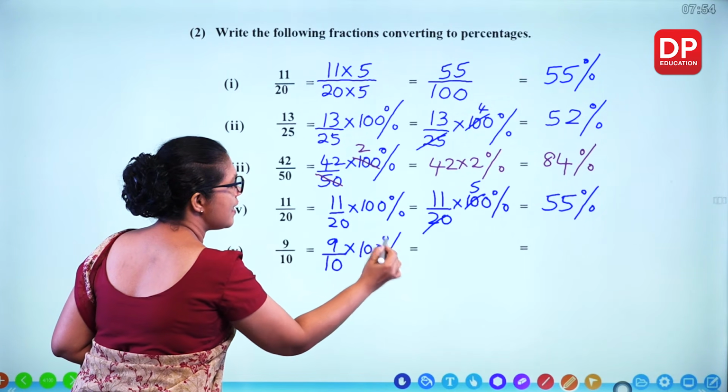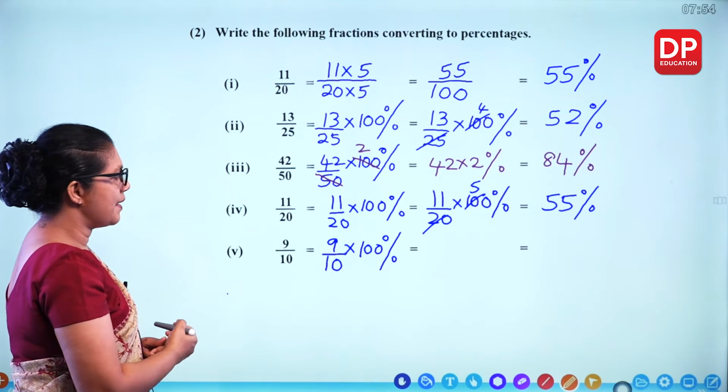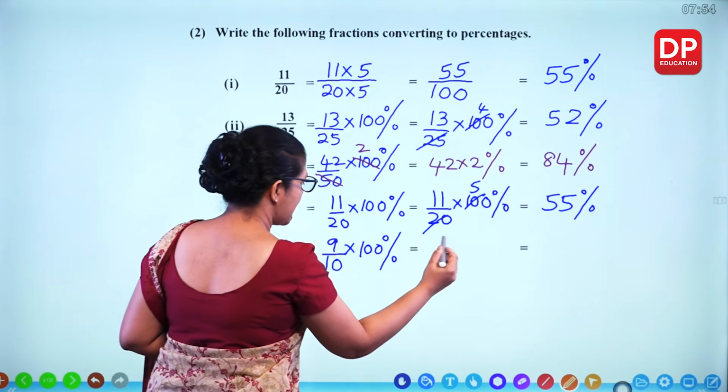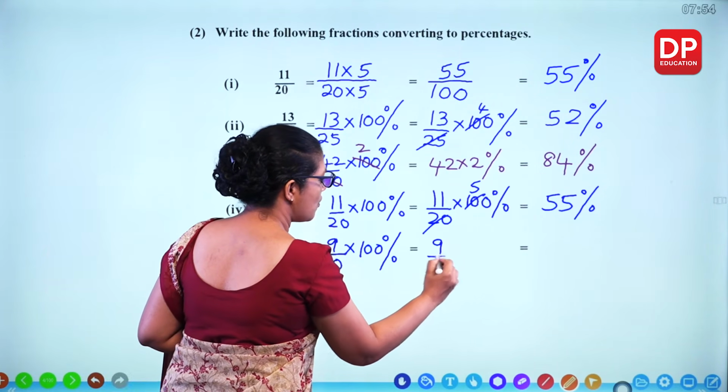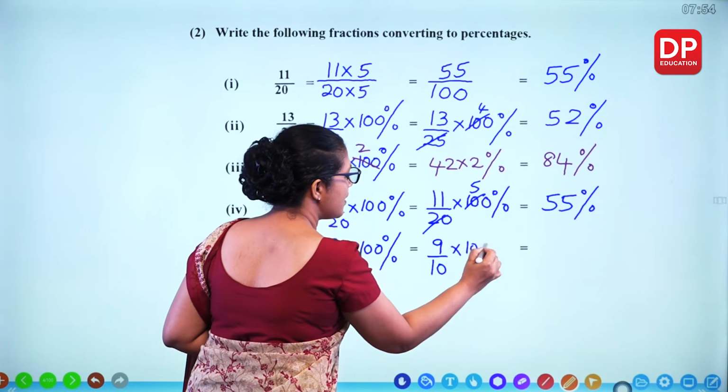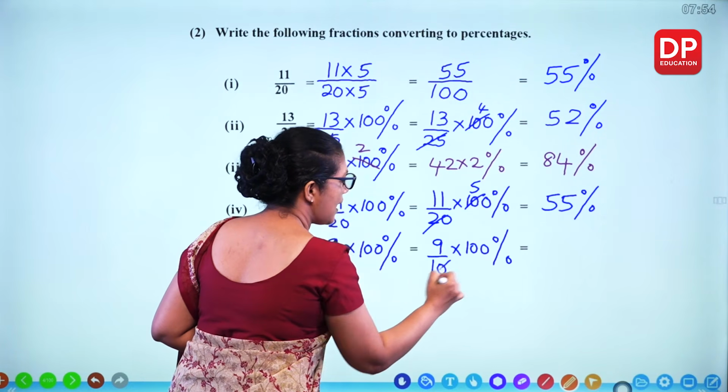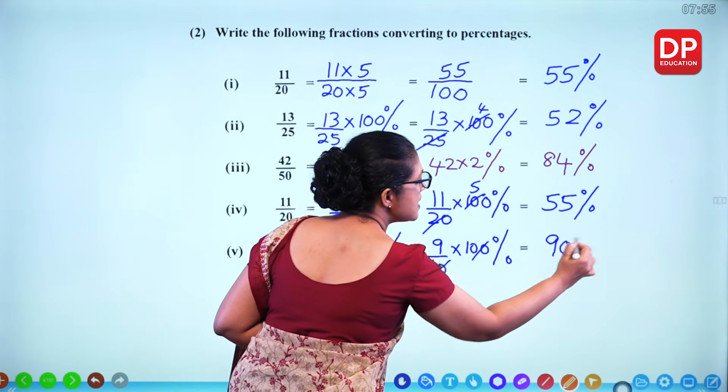Multiply by 100 and divide by 100 again. So 10 times 10, 100. So 9 over 10 into 100. You can simplify and write down 90%.